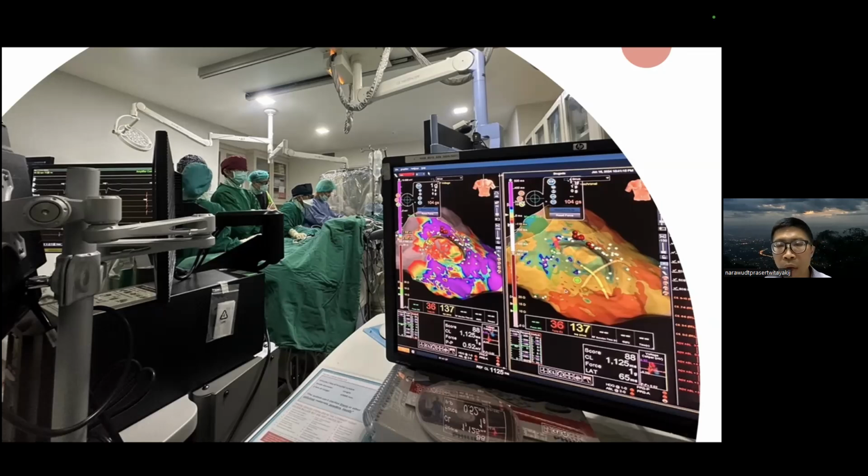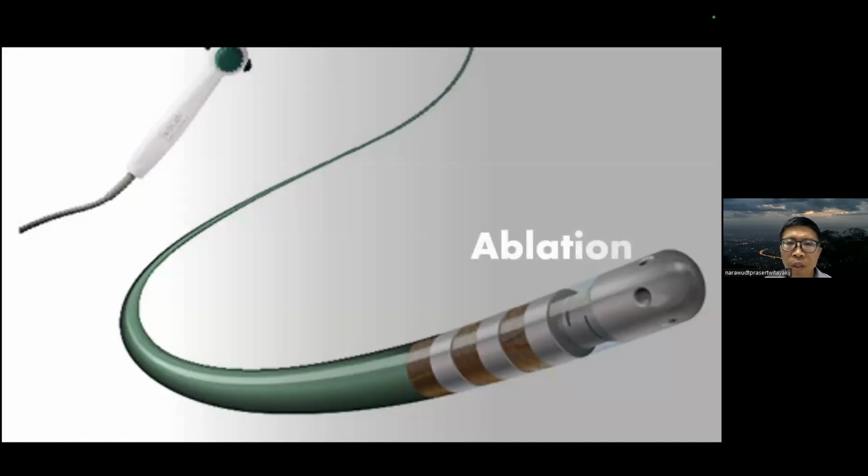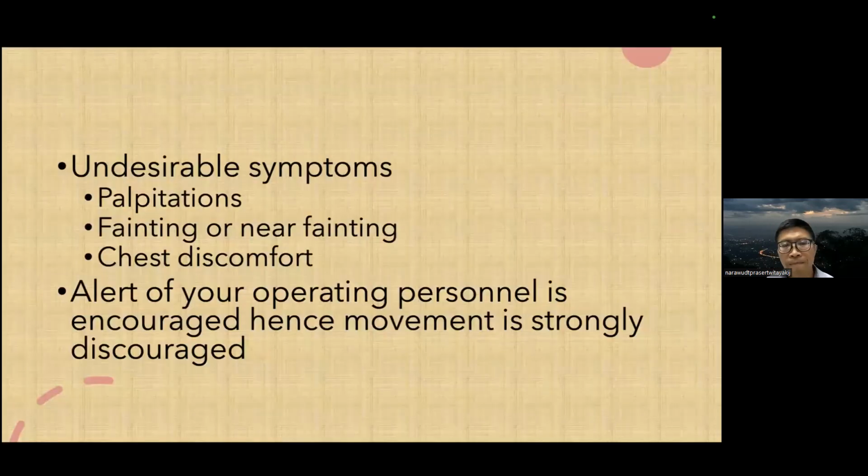Combined with the anatomy, we will give the best and precise treatment for you, which may be made through catheter ablation, a power tool to apply power or energy at a specific location to control the heart rhythm derangement.